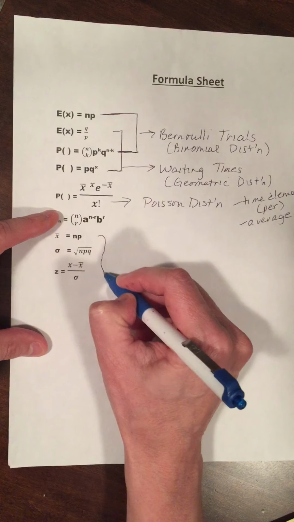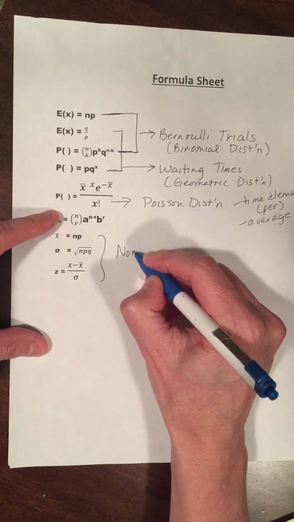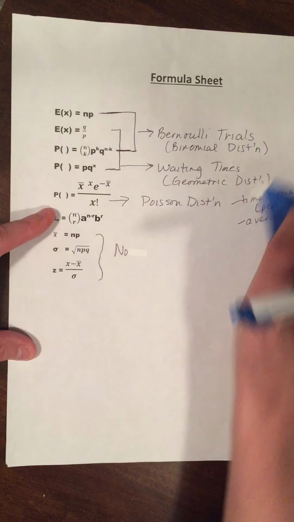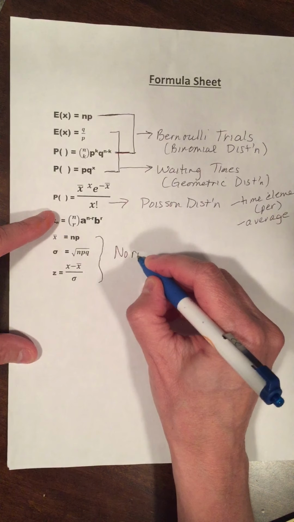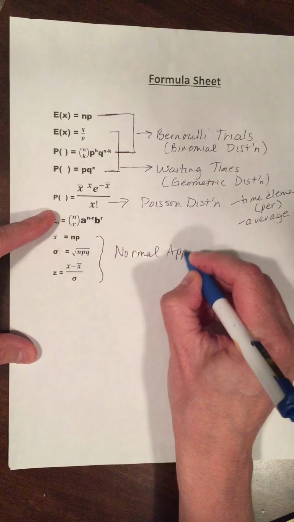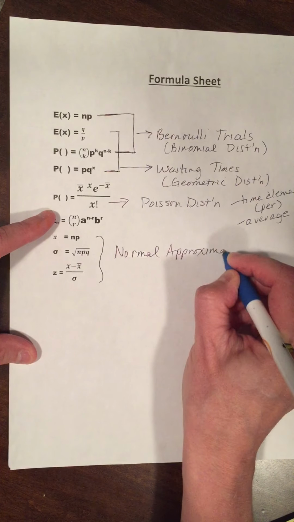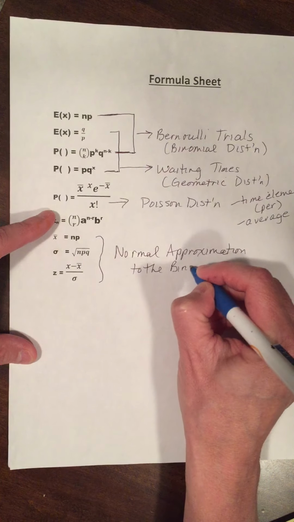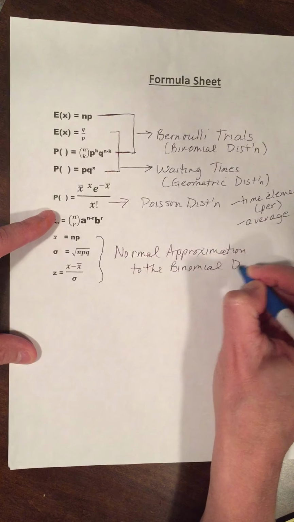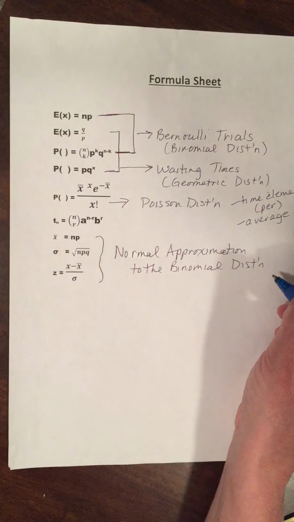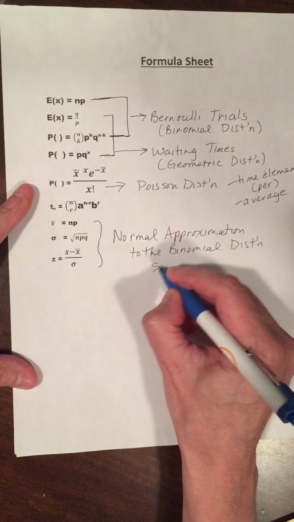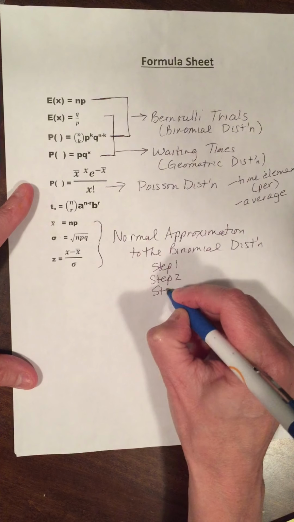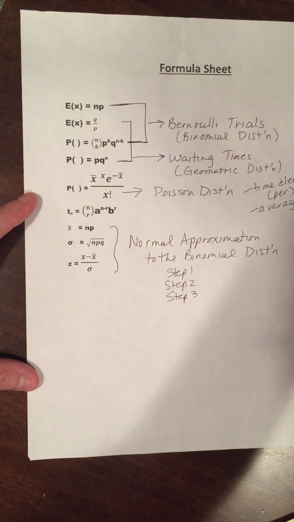But the last three formulas are the sorry, my mistake. Are the normal approximation to the binomial distribution formulas. And remember, with that, there's a step 1, a step 2, and a step 3 process.